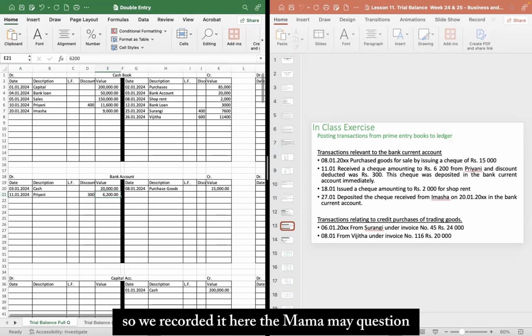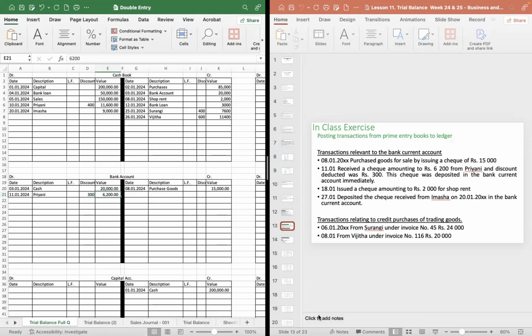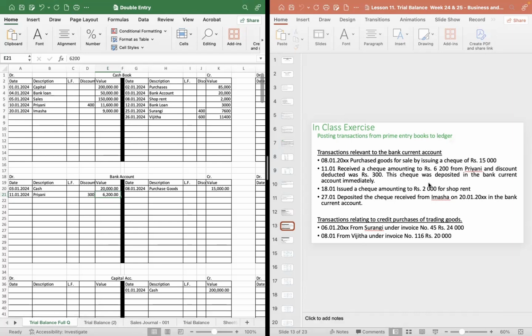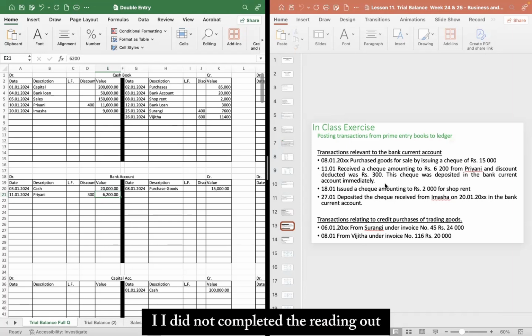When I did this question, I made a small mistake. Can anyone have a guess? The mistake I did was, when I saw this, I straight away recorded things here. I did not complete reading the whole transaction.